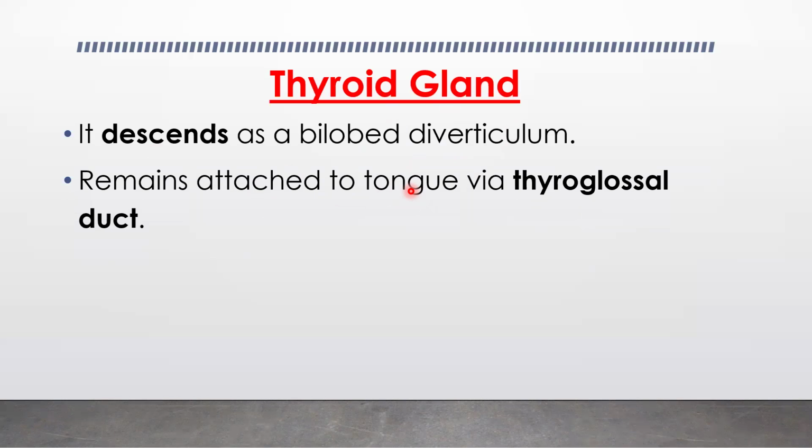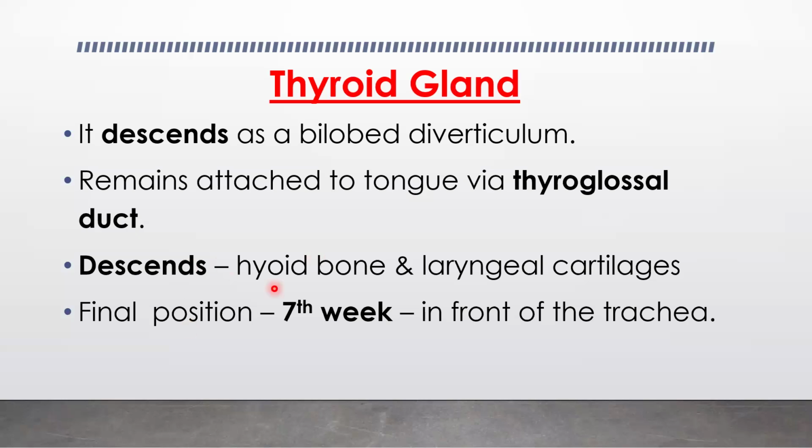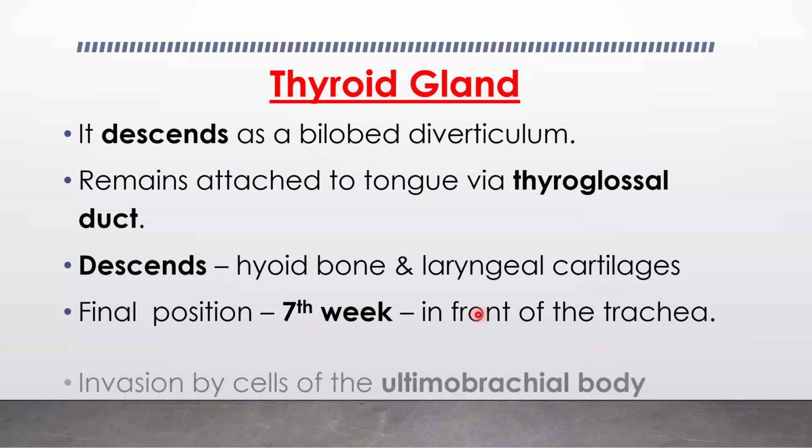So this developing thyroid gland, which is descending downwards, remains attached to the tongue by the thyroglossal duct. It descends at the level of the hyoid bone, and then after some time at the level of the laryngeal cartilages, at different stages at different times. The final position is reached at the 7th week, in front of the trachea.